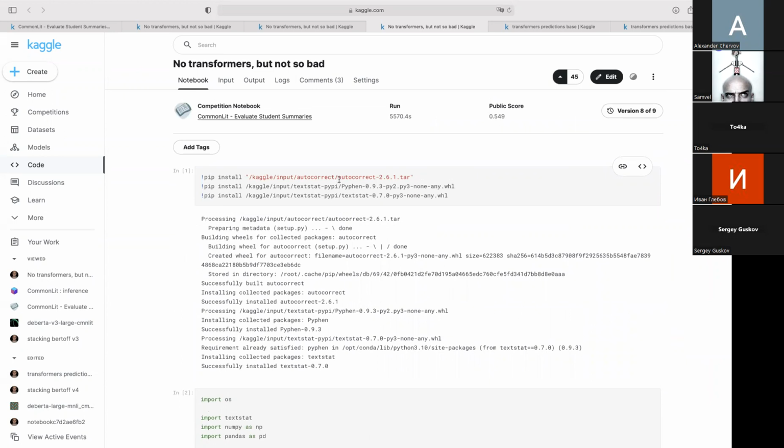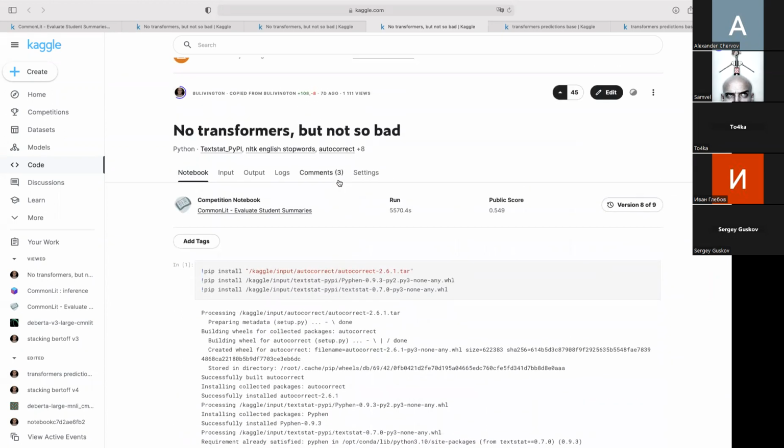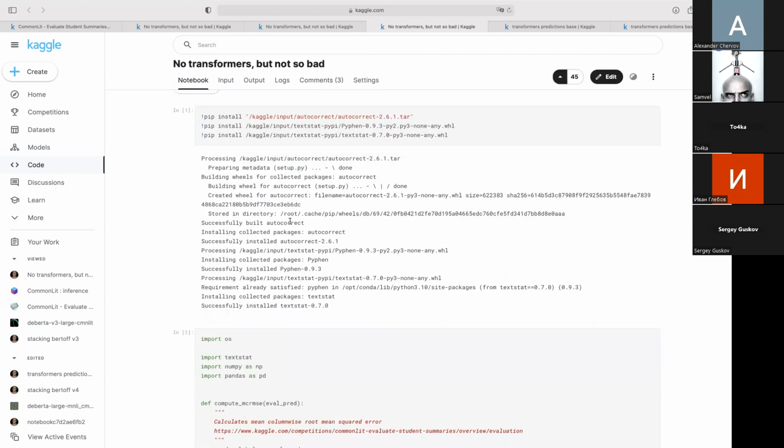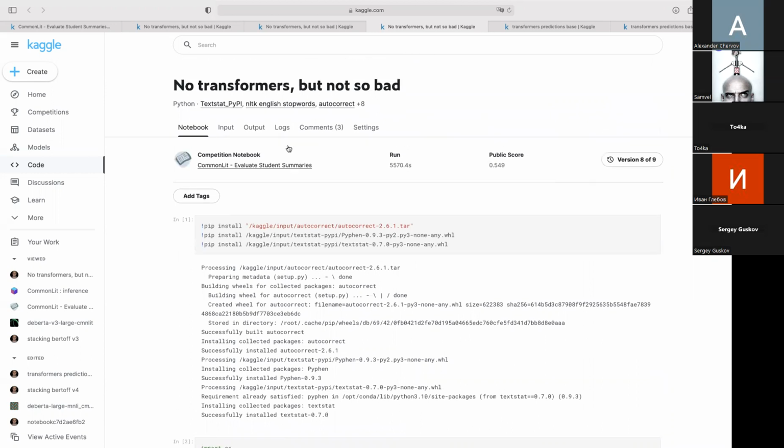And I'm going to combine this approach with the traditional approach for solving a typical NLP competition like this.